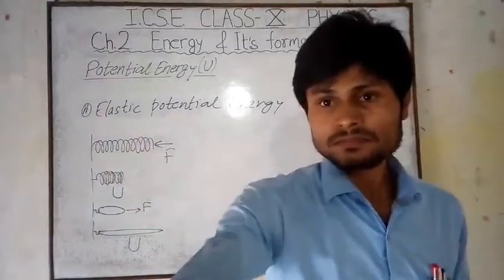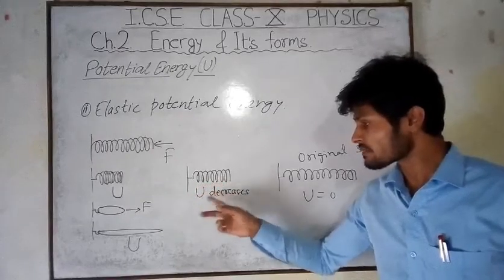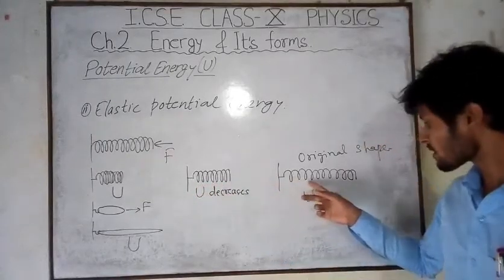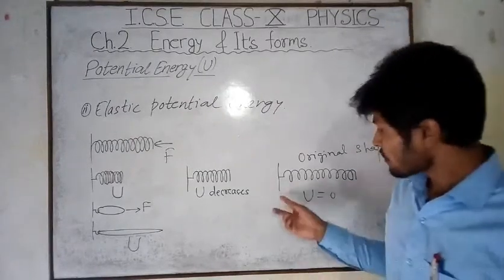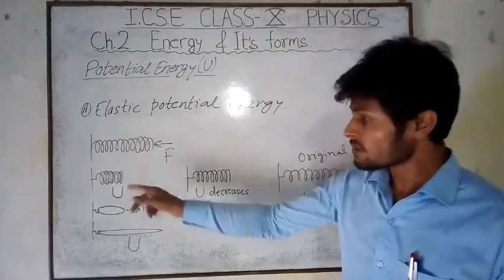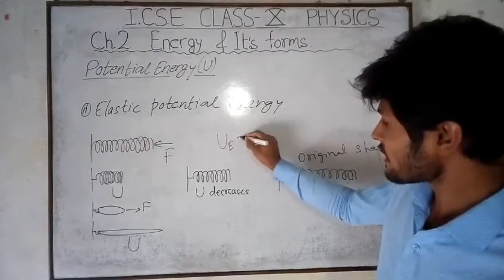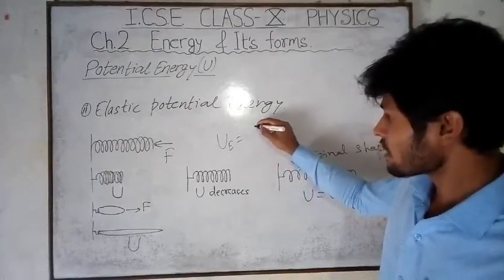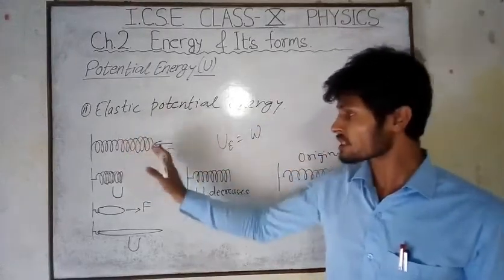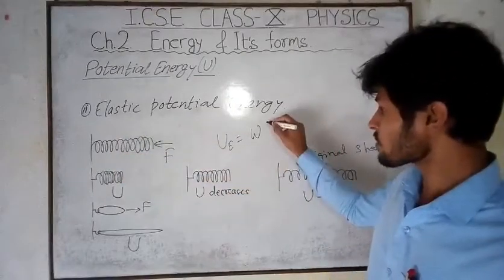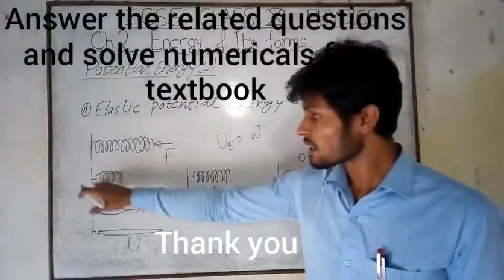Let's see how. When it is regaining its original shape, U decreases, and when it has got its original shape, U becomes 0. This elastic potential energy U is actually work done on the object. Here we have applied a force, so some work is done on the object. This amount of work done is equal to the elastic potential energy stored in this object.